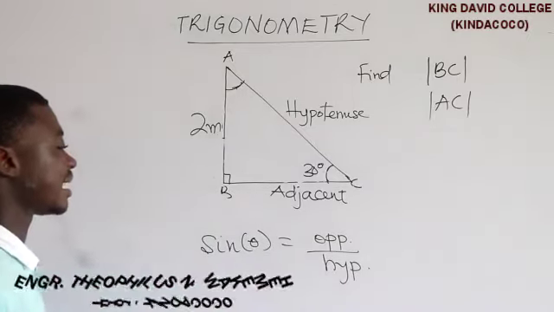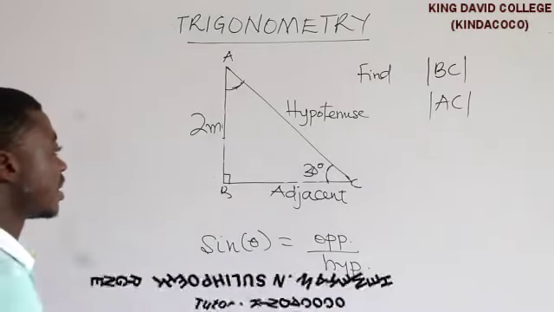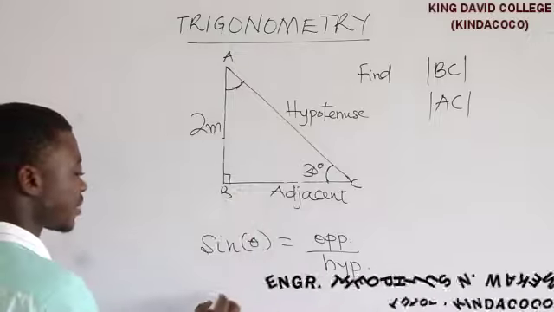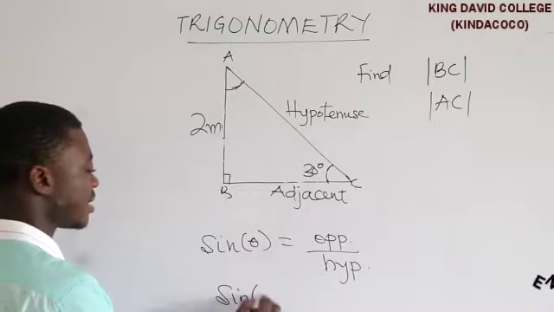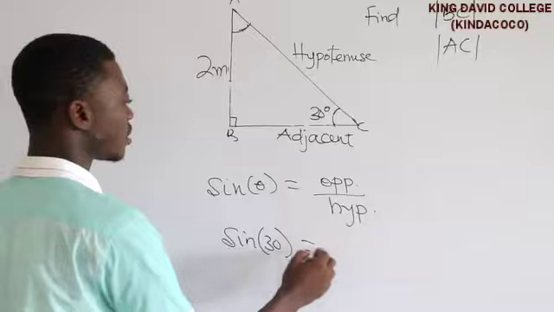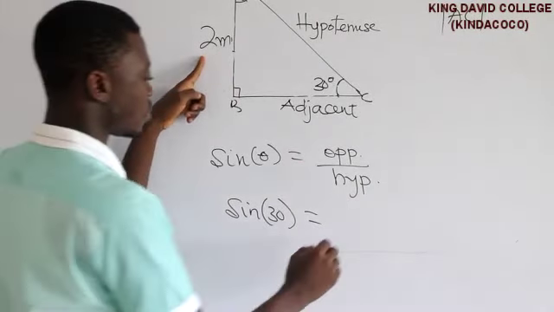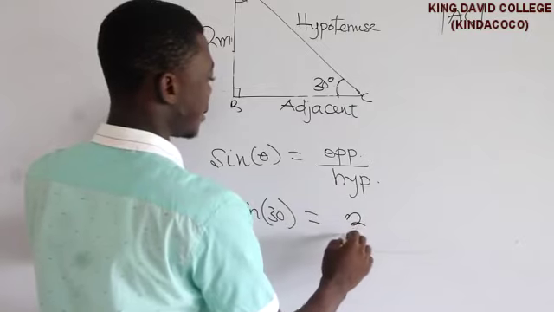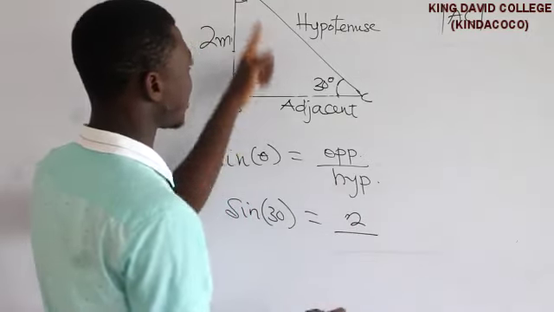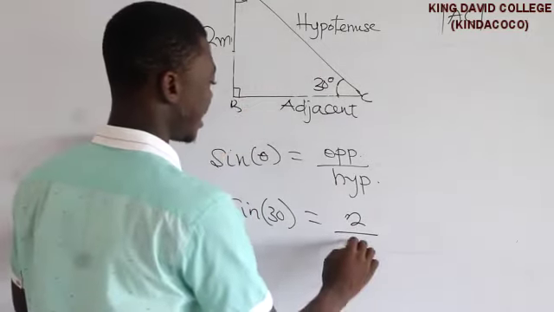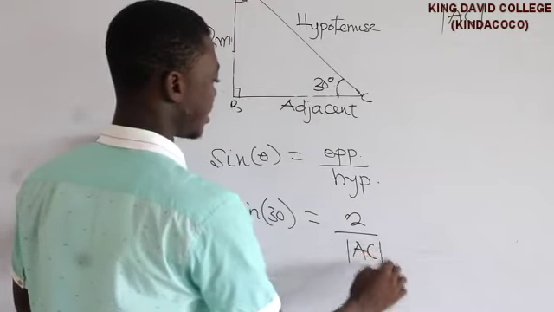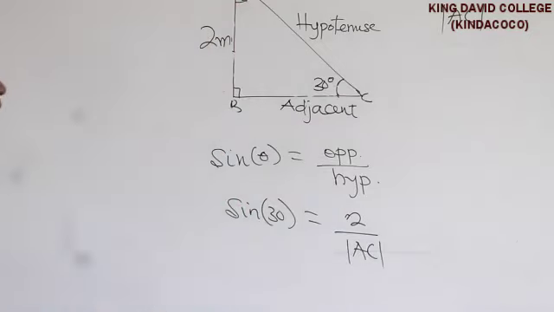Our theta is 30 degrees, so sine 30 degrees is equal to the opposite, which is 2 meters, divided by the hypotenuse. What's the hypotenuse? That's line AC.